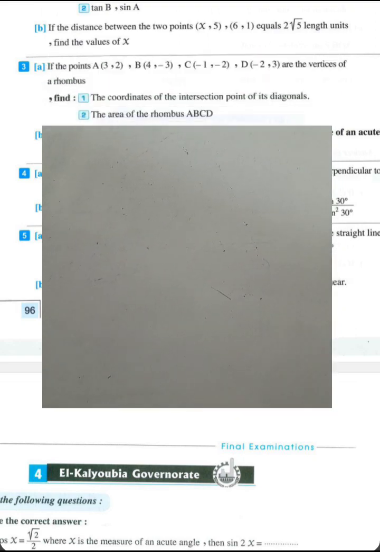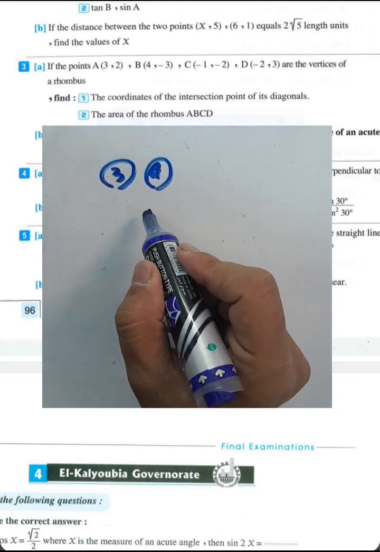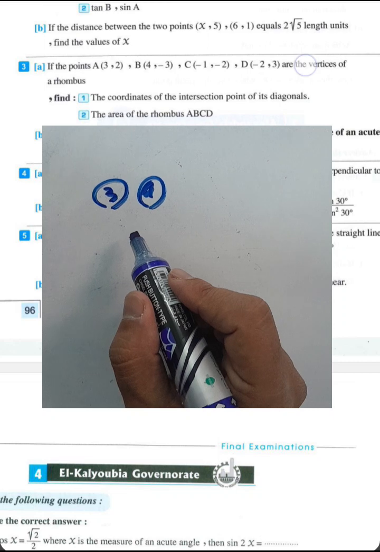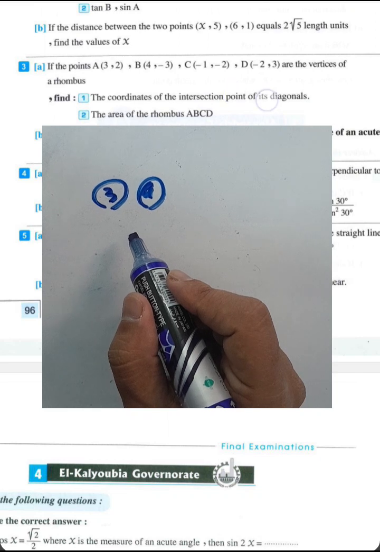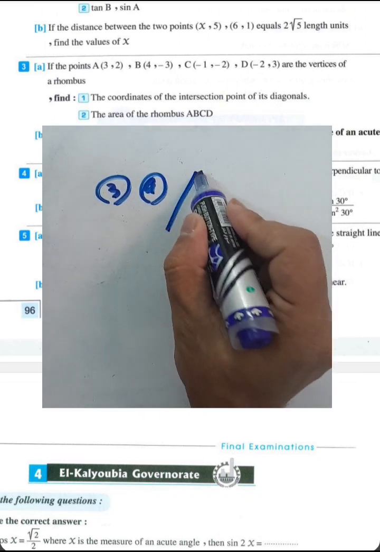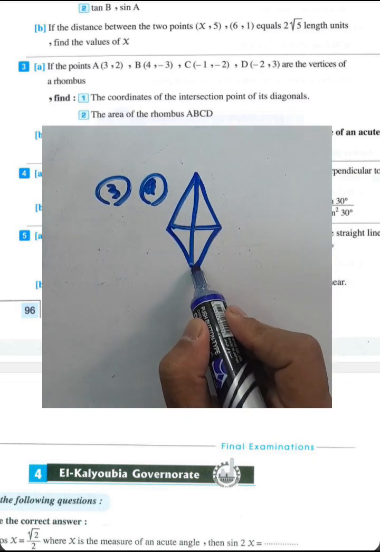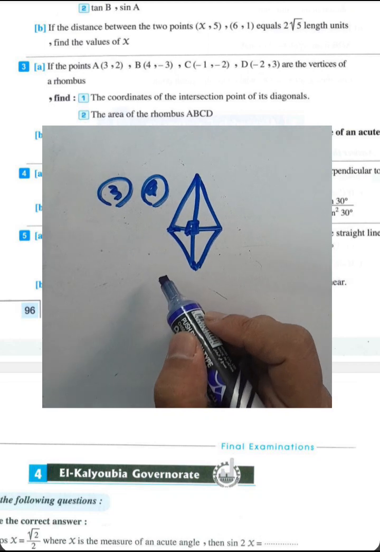Question number 3. Letter A. If the points A, B, C, D are the vertices of a rhombus, find the coordinates of the intersection point of its diagonals. We have a rhombus and we have two diagonals. We know the two diagonals are perpendicular and bisect each other in this rhombus.